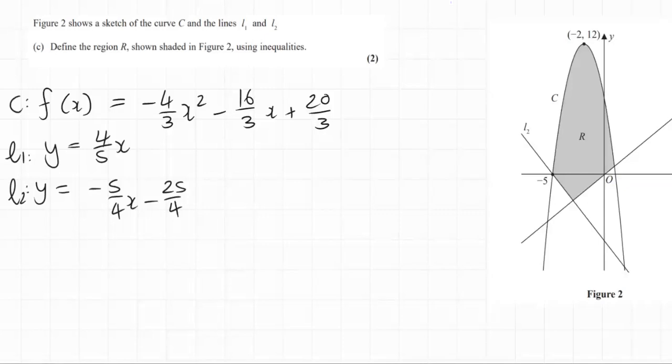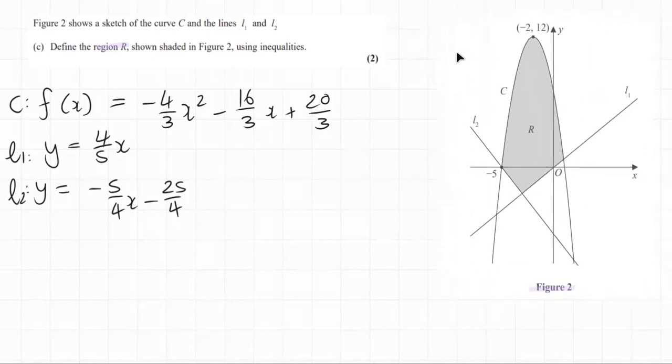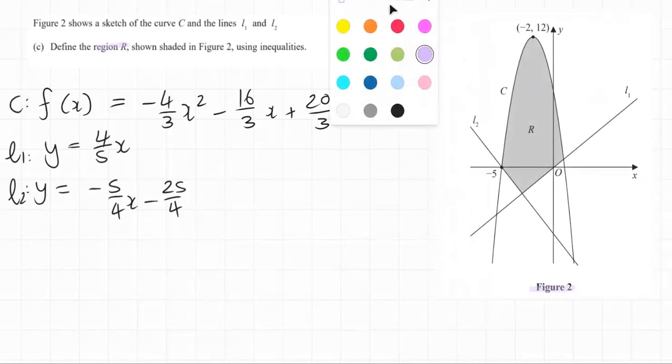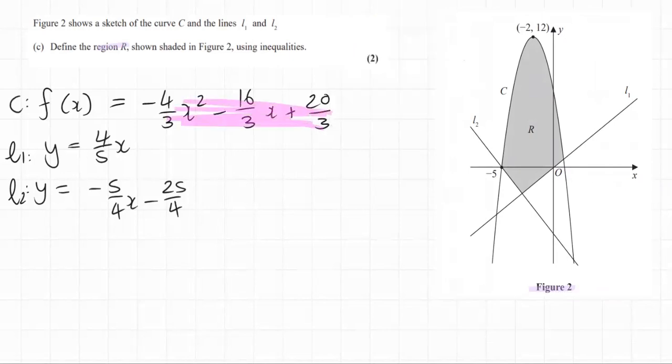Okay, question C. It wants us to define region R. So here in figure 2, move that a little in. There we go. So here's our curve, C, and that's going to be here on the diagram.